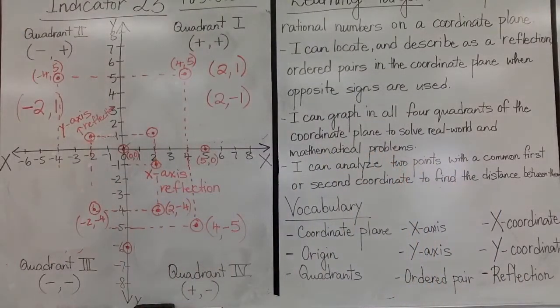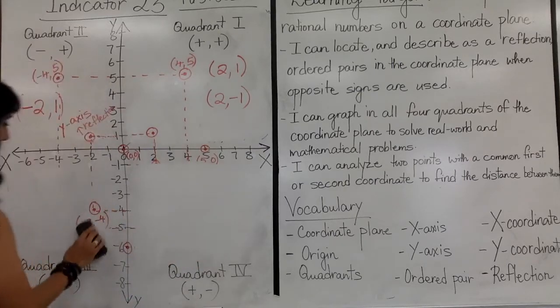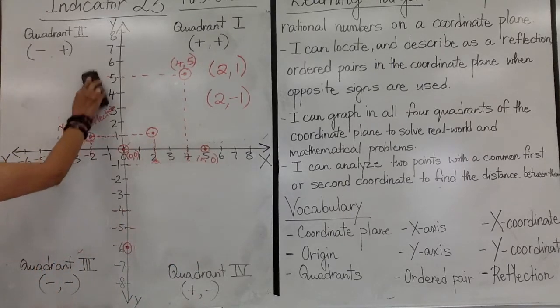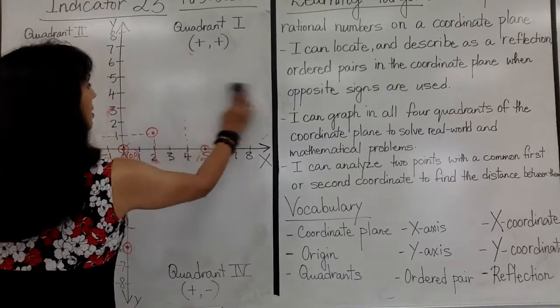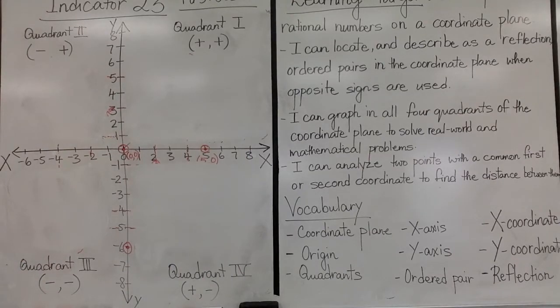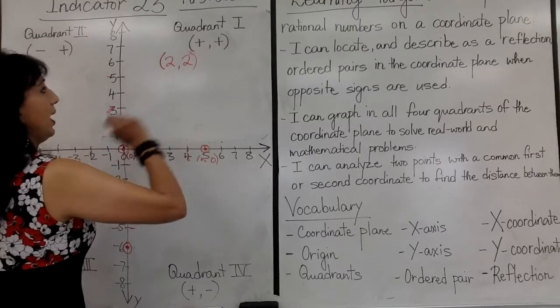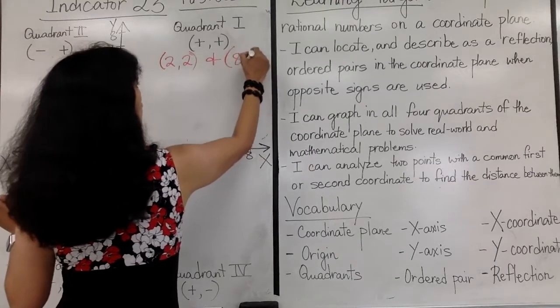Now, next thing is to find out the distance between these points. If I say how far apart are the points with coordinates, so I'm going to remove the reflection. So let's say it asks how far apart are points with the coordinates 2, 2 and 8, 2.